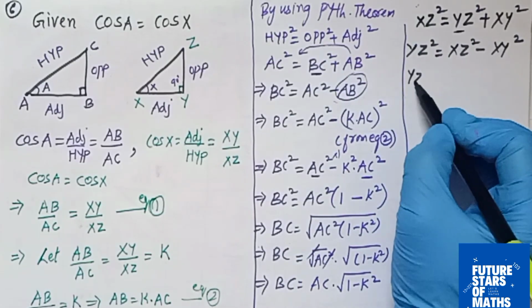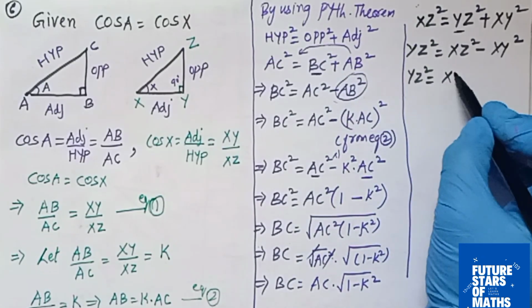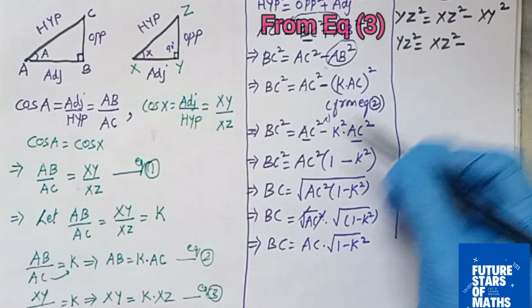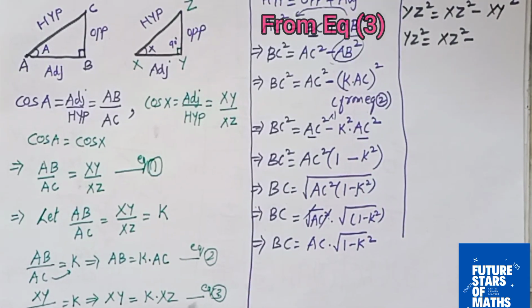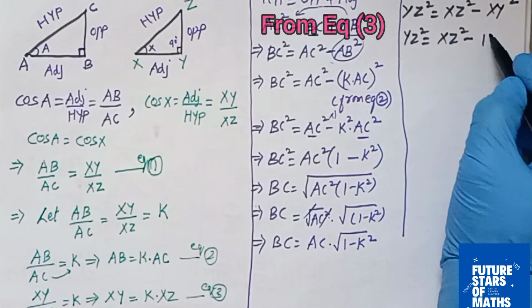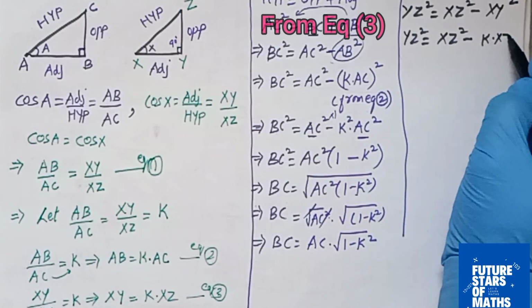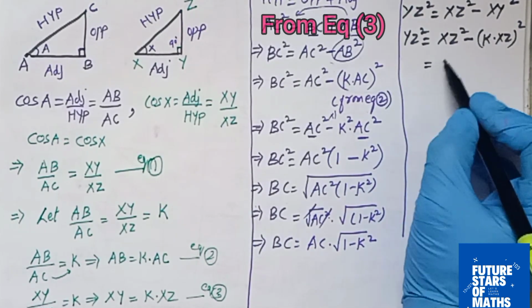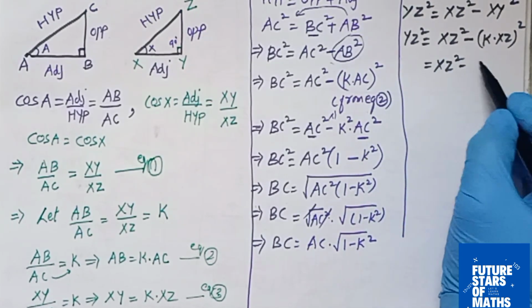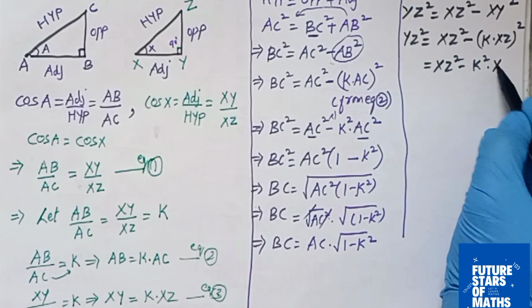So YZ square equal to XZ square minus, from equation 3, what do we have? XY is equal to K into XZ. So we will substitute that here: K into XZ whole square. Again this square gets inside the bracket, so it becomes K square into XZ square.